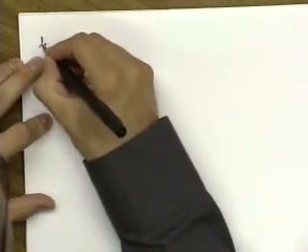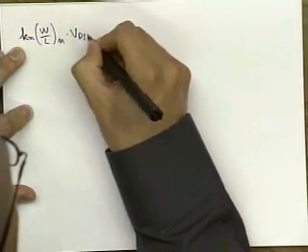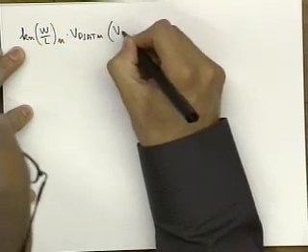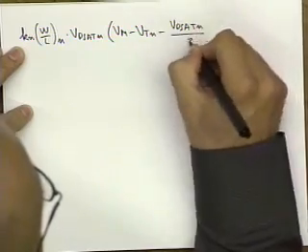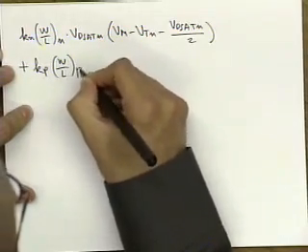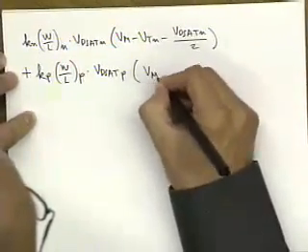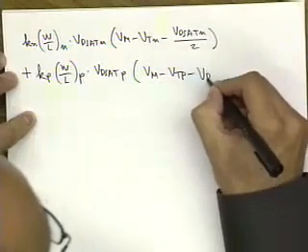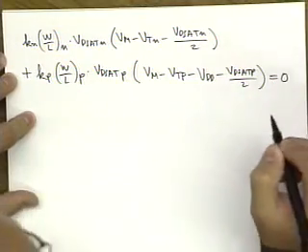Let me write this down again because it's getting messy. So we have Kn W over Ln times VD sat n times Vm minus Vtn minus VD sat n over 2, plus Kp W over Lp times VD sat p times Vm minus Vtp minus VDD minus VD sat p over 2, is equal to 0.